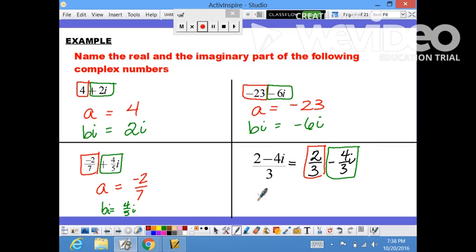So the real part is a, which equals 2/3, and the imaginary part is bi, which equals -4/3i. Okay. Make sure that when you're writing this, remember, complex numbers are written in the form of a, your real part, plus or minus bi, your imaginary part.